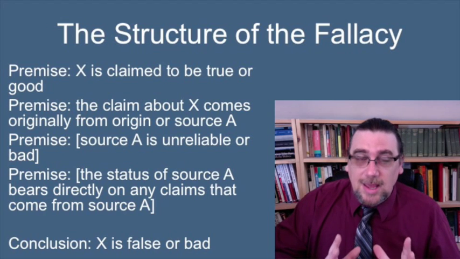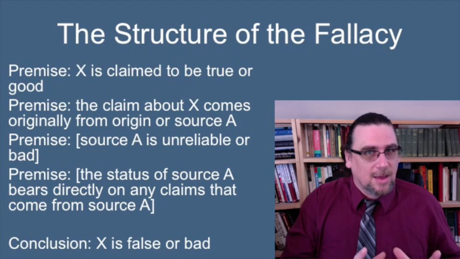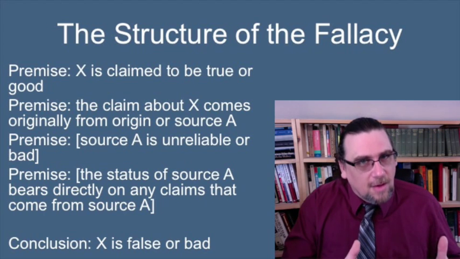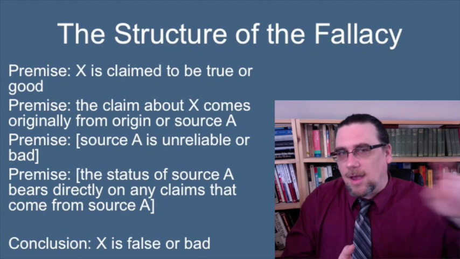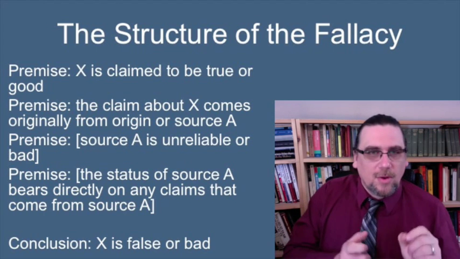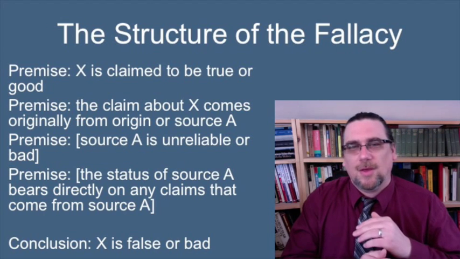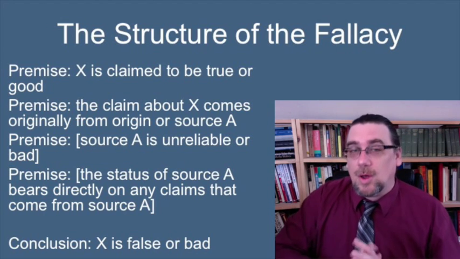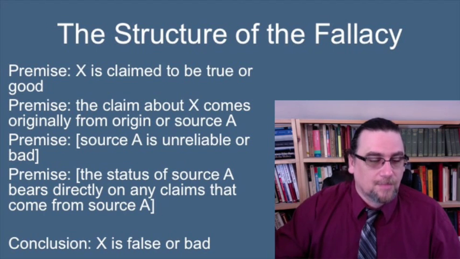The whole idea here is that there's an assumption that's being made that somehow the status of the source, the status of the origin, has something to do with whether the practice, the idea, the proposal, the claim is any good here and now in the present when we're looking at it.